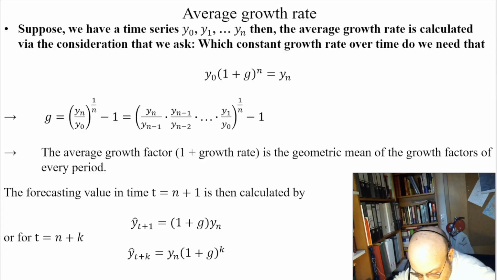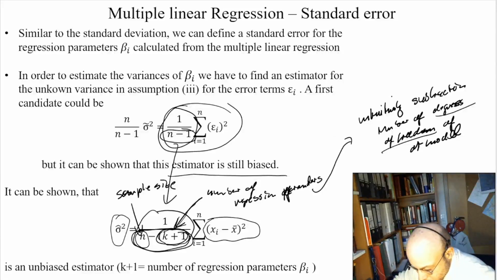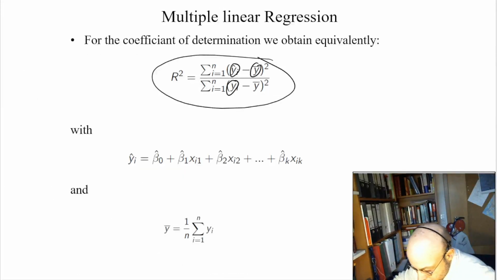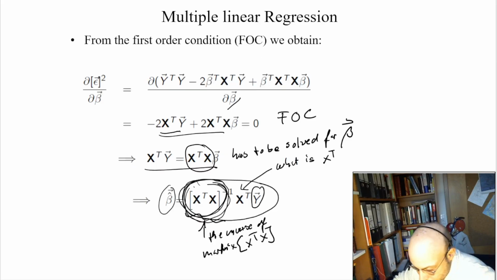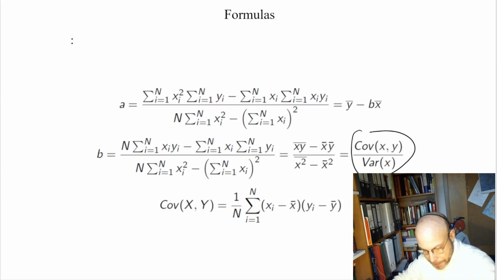Hopefully I have the formula here for linear regression. So we have covariance over variance of x, which is just b.